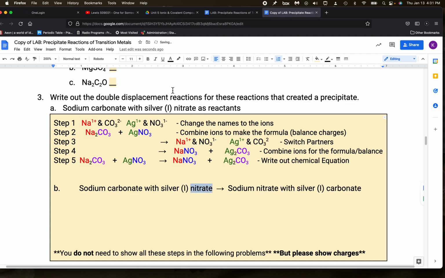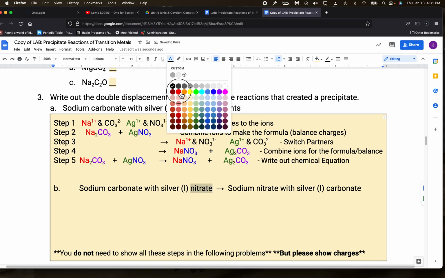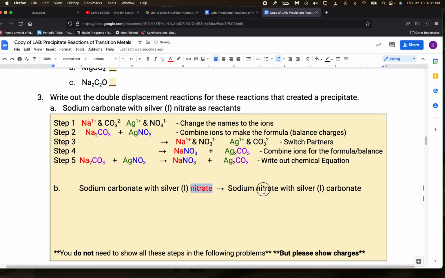So this nitrate, which was on this side, ends up now being on this side with the sodium. And this carbonate, which was with sodium, will now go with silver. So I'm switching those around. We usually say we're switching the metals, but it doesn't matter. We're just trying to create a new set of partners.